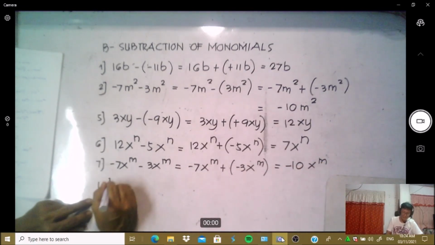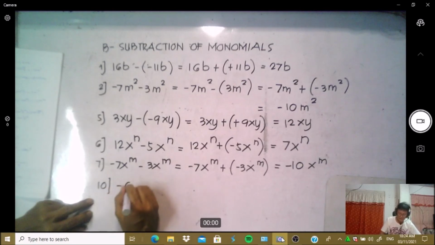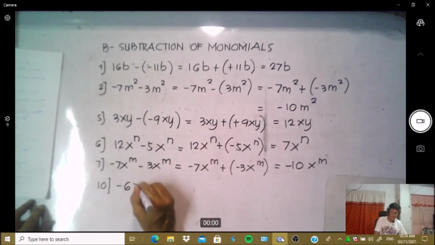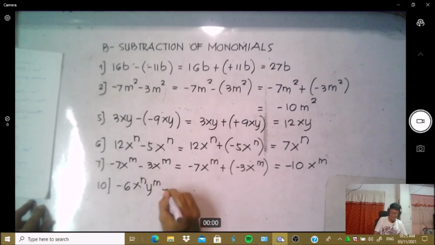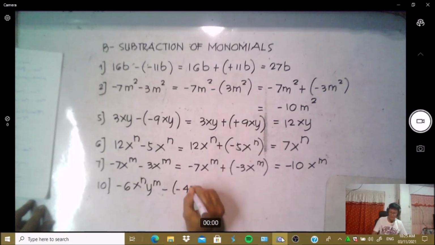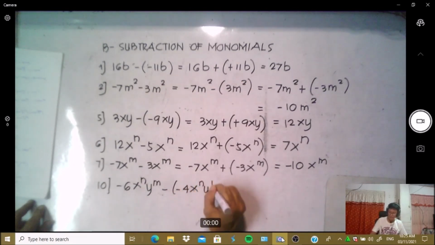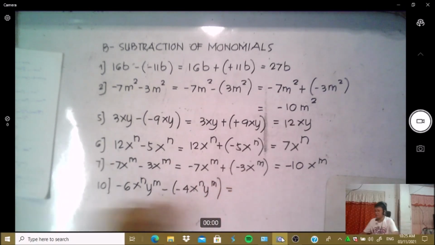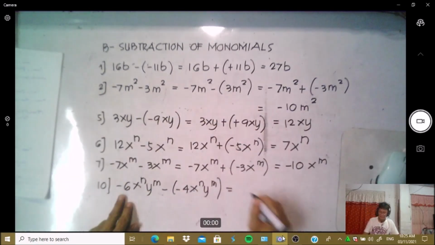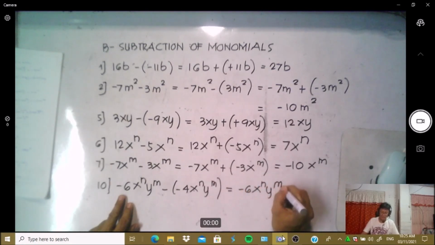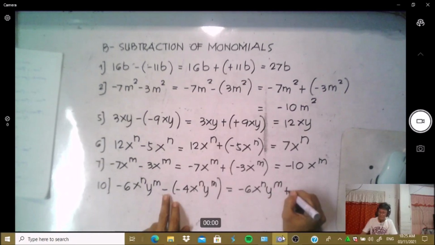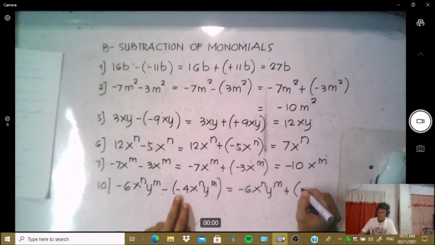And for number 10, we have negative 6x raised to n y raised to m minus negative 4x raised to n y raised to m. Okay, so we have negative 6x raised to n y raised to m, then plus, so we have to change this sign to positive for x raised to n y raised to m.